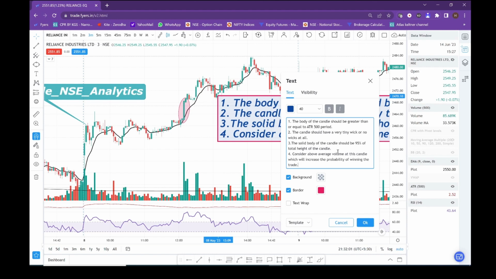If the candle forms like that, we consider it as a fake momentum candle. Yeah, these are the rules.